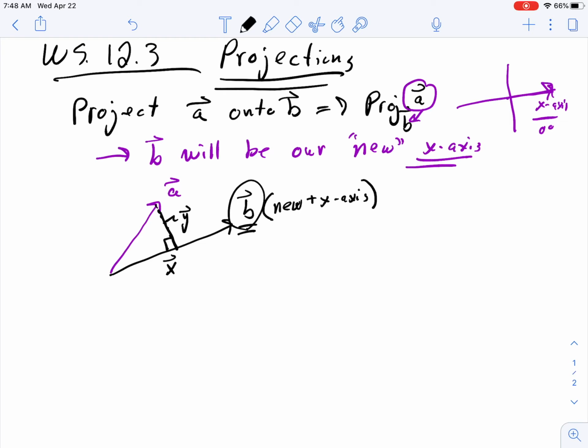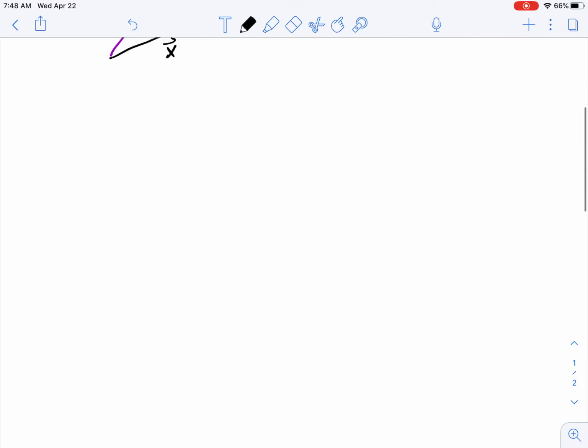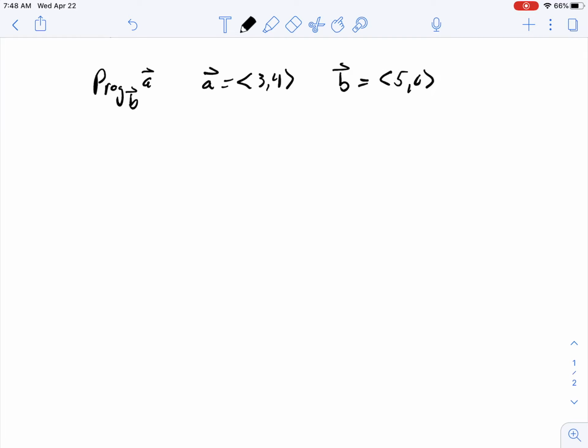Okay. All right, so I'm going to keep this simple to start with. So I'm actually going to start off with the x-axis so you can see how this works. Okay. So let's say we're going to project A onto B. So my A component is 3, 4, and my B component is 5, 0.